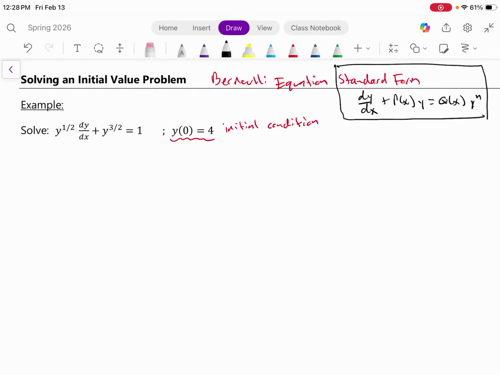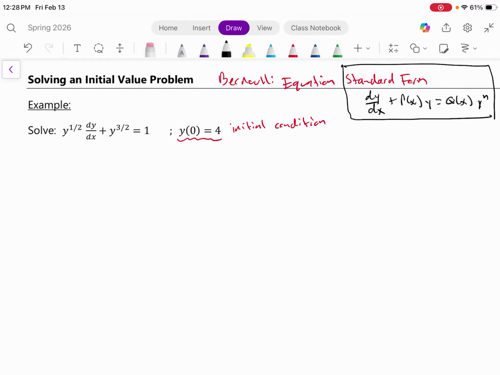So what we need to do for this first step, we'll say step 0, is get our derivative naked, so get dy over dx naked. And when we do that, we need to divide both sides by that y to the 1/2.